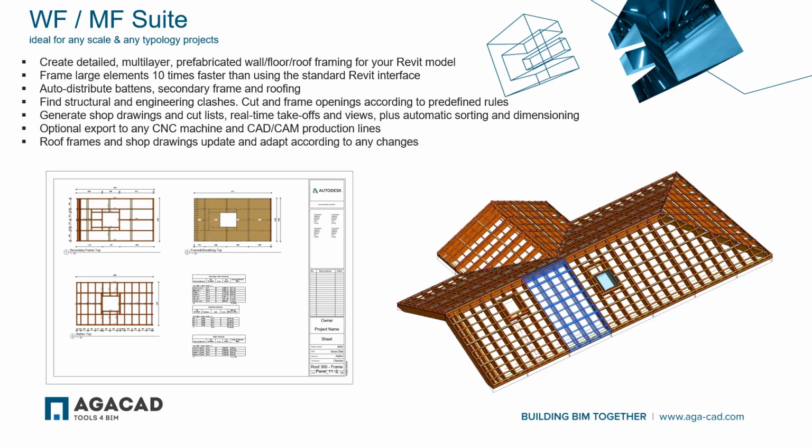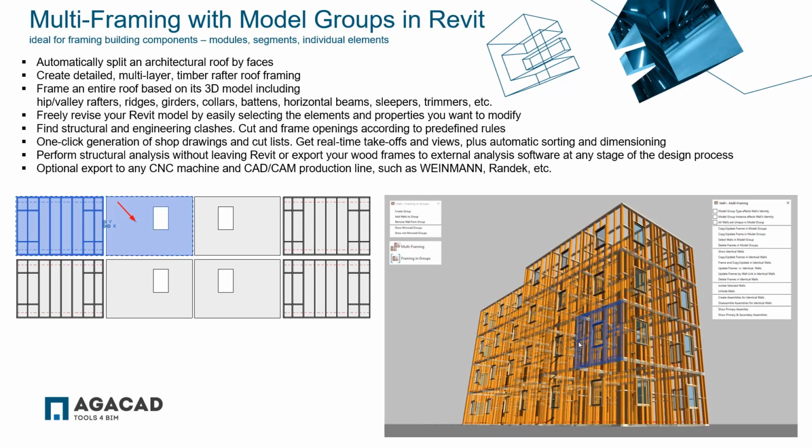When it comes to multi-framing with model groups in Revit, we have developed functionality to do exactly that for projects that consist of repetitive prefabricated units that are all going to be framed identically or in a very similar fashion. You can use some of the functionality from multi-framing.